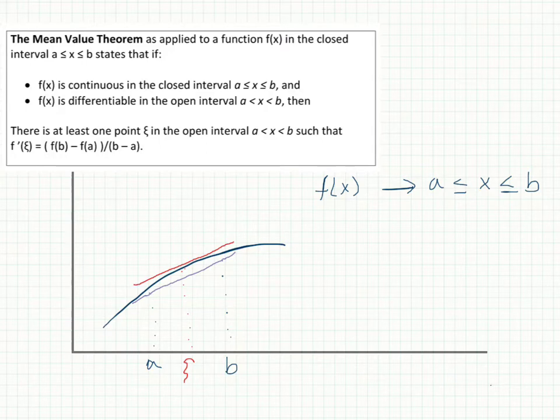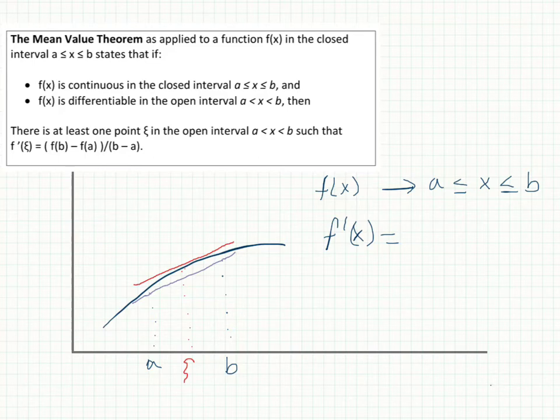So the derivative, and let's write that out, the derivative f prime of x, alright, equals the following. Well, the slope of the tangent has to equal the slope of the parallel segment connecting a and b. So the slope of the parallel segment, that's pretty easy to find out.